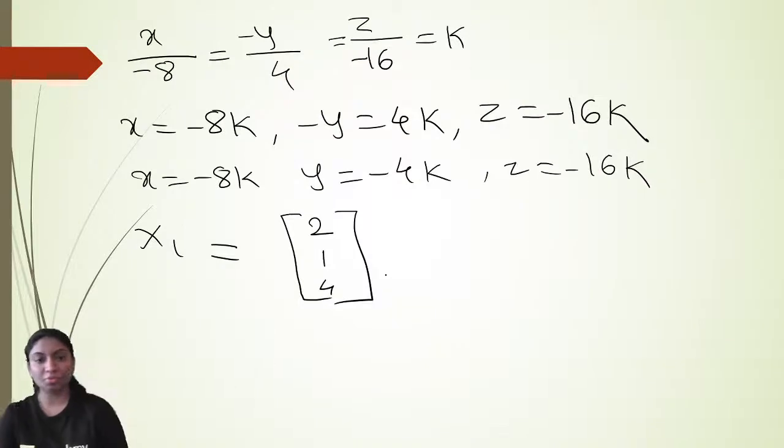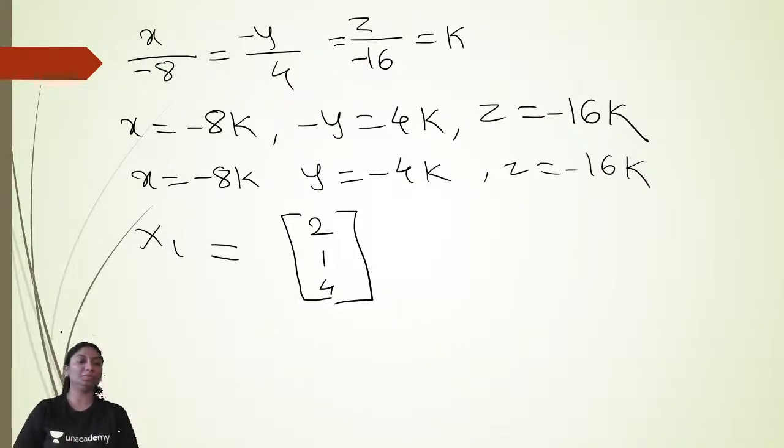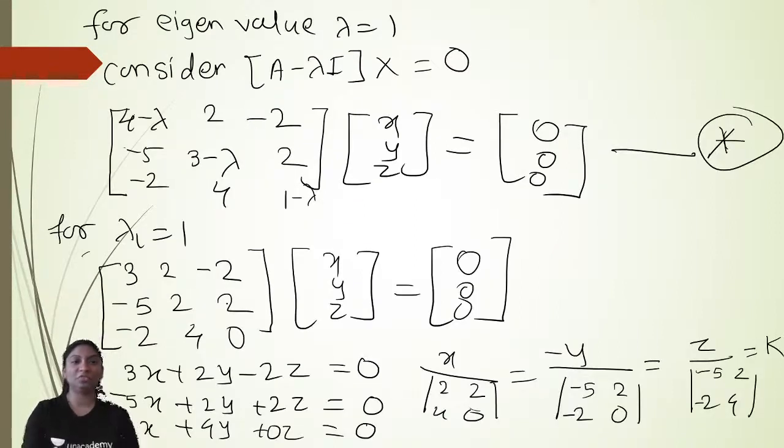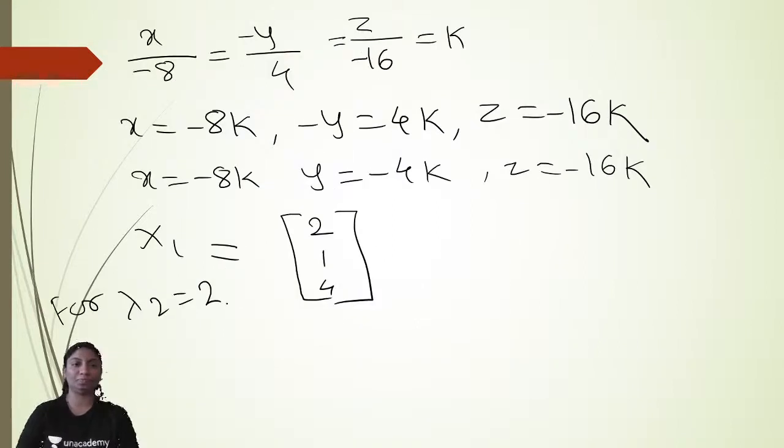So put lambda 2 is equal to 2 in the equation star. 4 minus 2 is 2.